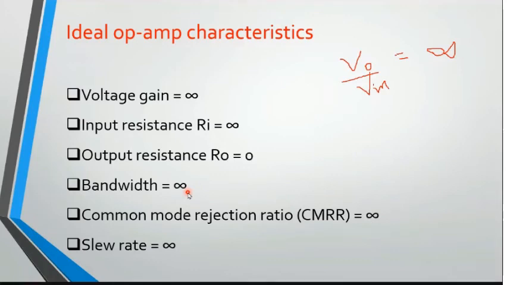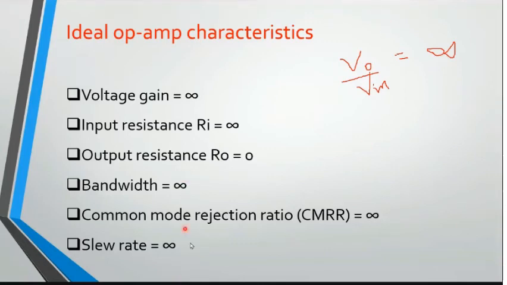That means the lower cutoff frequency and the higher cutoff frequency should not have any particular value. And in the frequency response, usually for transistors, the voltage first increases, becomes constant, and then it decreases, right? But here you are going to get the frequency response parallel to the x-axis. That means the bandwidth will be infinite.